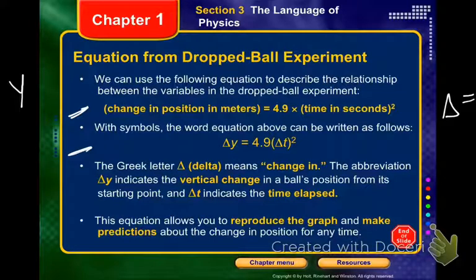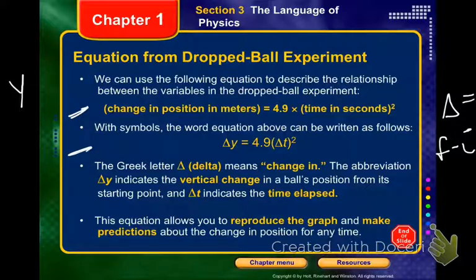Whether it's a change in temperature, a change in time, a delta can be used for endless variables. Change in temperature, change in time, change in speed, change in acceleration. It is final minus initial. So anytime you see delta, you take the final minus the initial, whatever variable you're looking at.